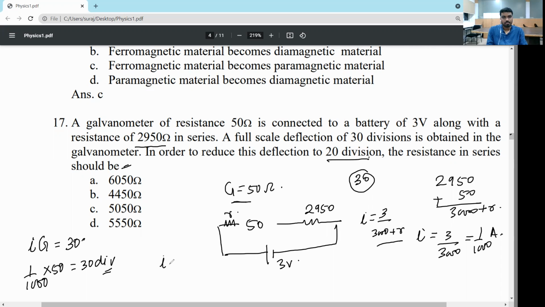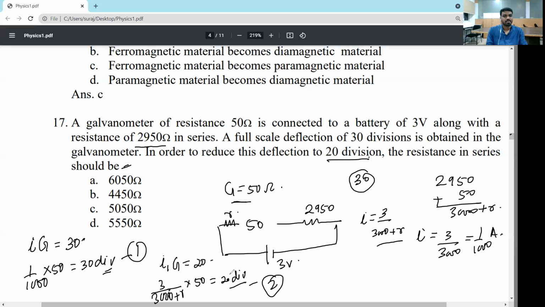So I dash into G should be 20 divisions, right? So I dash is how much? 3 by 3000 plus R, into G. G is how much? 50, which should be equal to 20 divisions. Divide equation 1 and equation 2. The 50 will cancel.